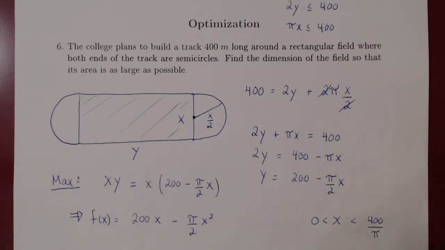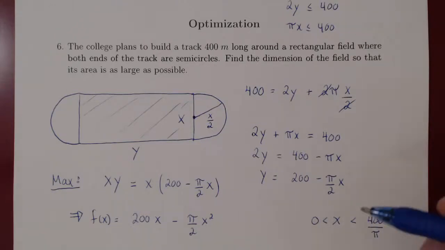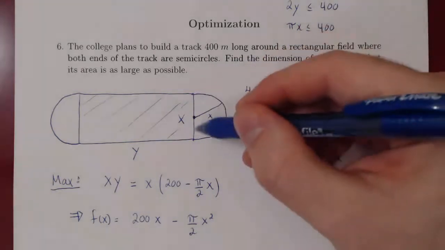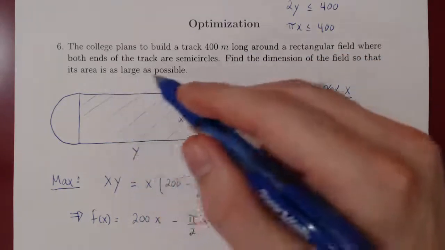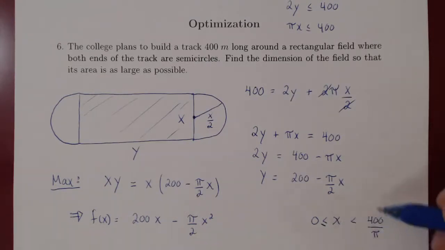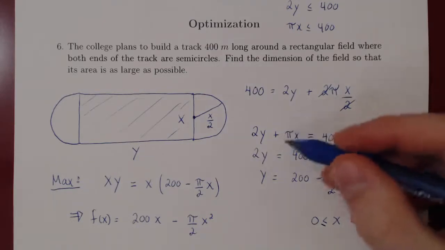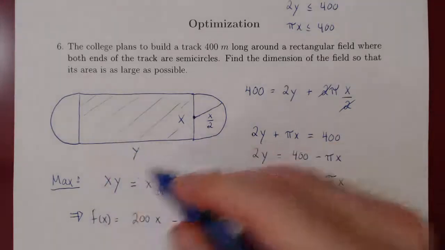But if you think of it, there is no harm in throwing in 0, because this will clearly not give us a solution. If x is 0, you have no field. The area is 0, which is clearly not going to give us a maximum. So we can dump in our interval 0. And the same thing for this value of x. If x equals this, then pi x is 400. Therefore, y is 0. The field has no length.